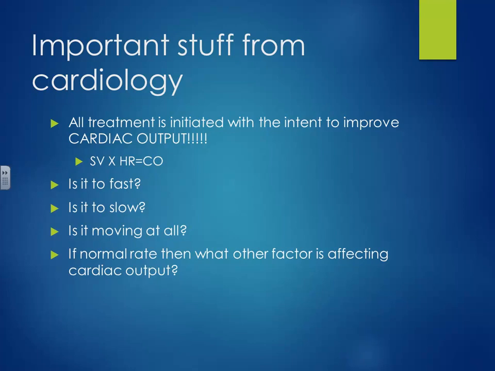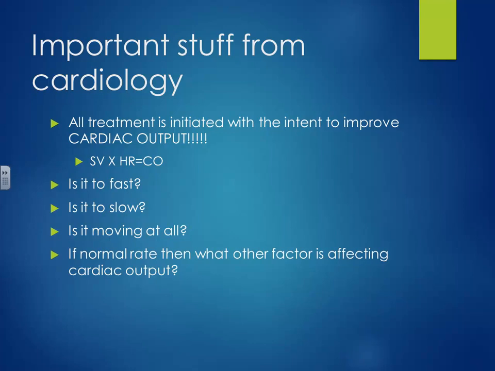What role does the heart play in perfusing the body? It's the pump. It pumps out cardiac output, right? So the bottom line for us to treat an arrhythmia is the fact that it's affecting cardiac output in some form or fashion.